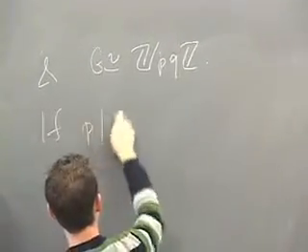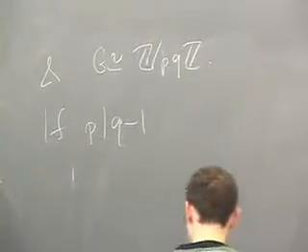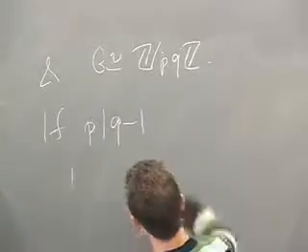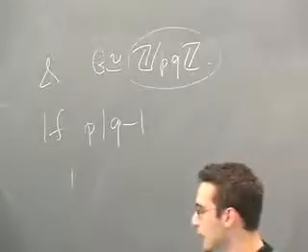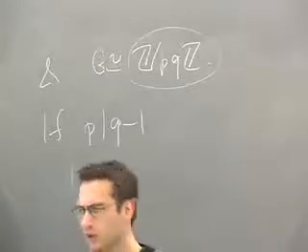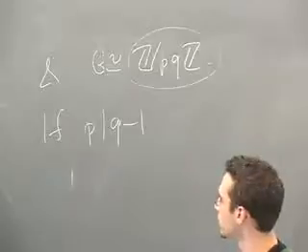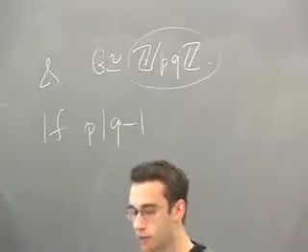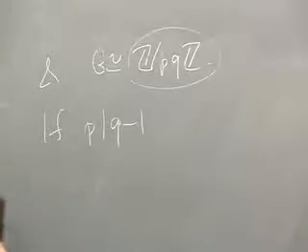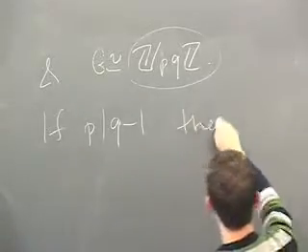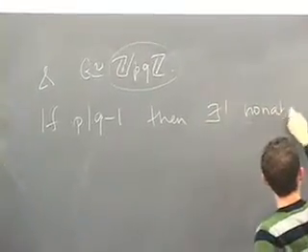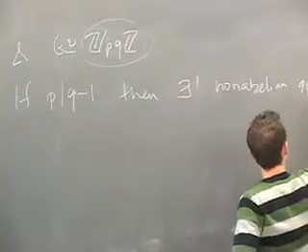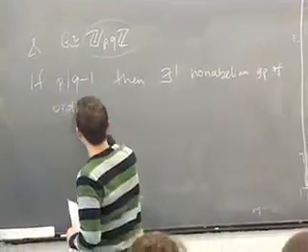If p divides q minus 1, then it could still be the case that it's Z mod pqZ, but it turns out that you can show, and I'm not sure that you did this, but there's a simple construction of a group which is not abelian of order pq. Then there exists a unique non-abelian group of order pq.